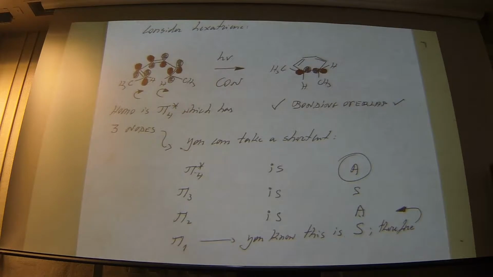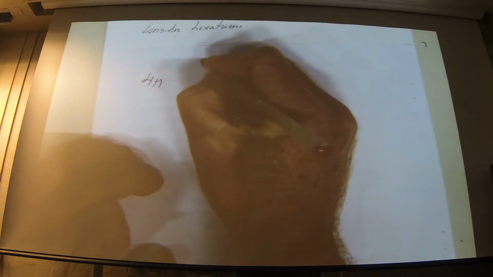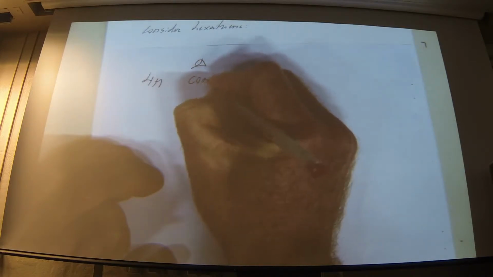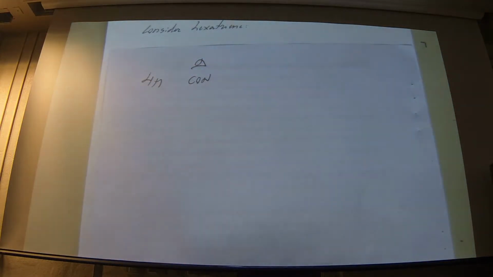Okay? So how do I keep this stuff straight? Here's how I keep it straight. Very simple. I just remember that the thermal reaction, so here I'll just show you how I do it. For 4 pi, I know that thermal, that's delta, is going to be a con rotation. I just remember that, right? Just something I know.